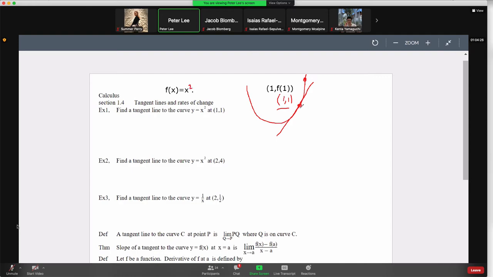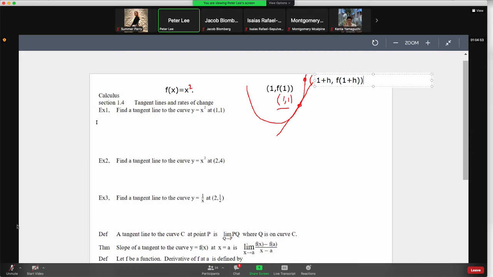So we take the point right here, (1, 1), which is (1, f of 1), and now we pick another point on the curve, and that point we will call (1 plus h, f of 1 plus h).